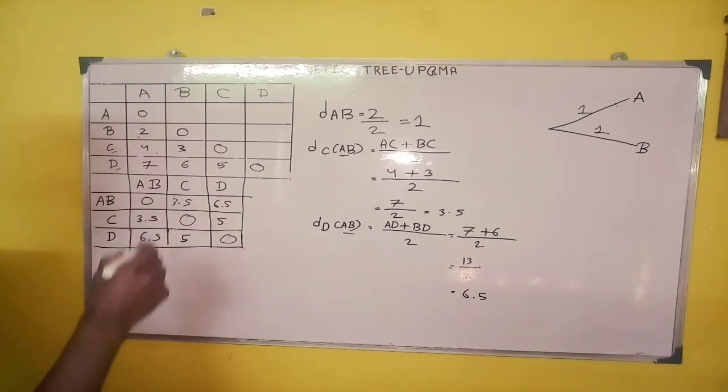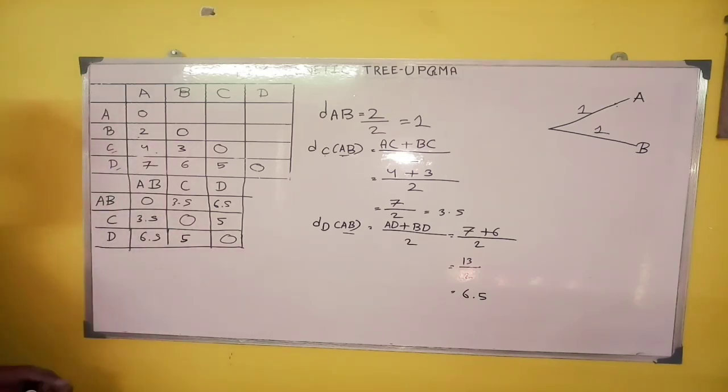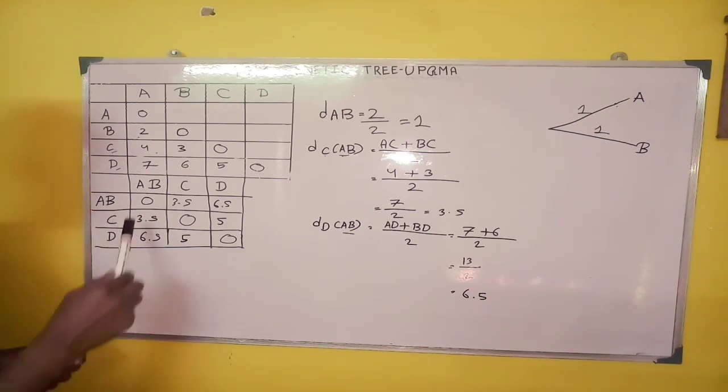In this second table, we can see the lowest distance is 3.5.